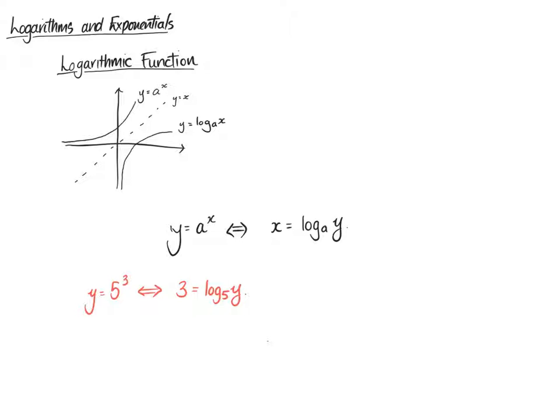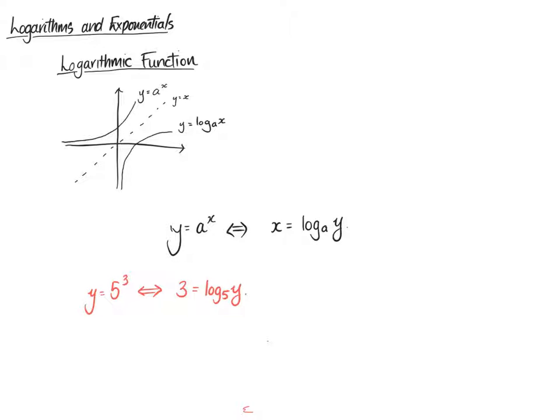So what's happened is we've taken the exponent, and that moves down. The exponent is what we're trying to find, and the base of our exponent becomes the base of our logarithm, and what we're trying to find here, our y, goes into our log.